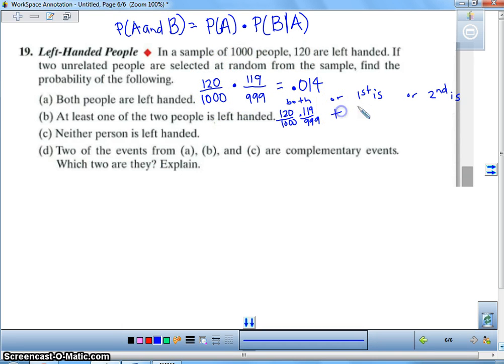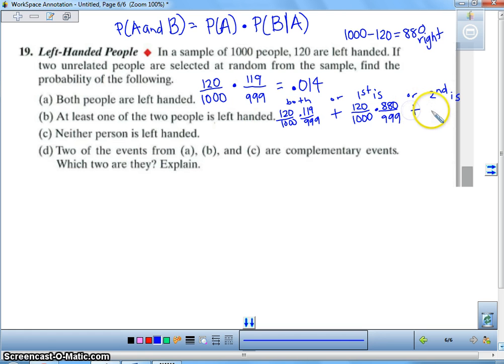Or means add. First person is left-handed, so 120 left-handed people out of 1,000, but that means the second one is not. So if there were 120 left-handed people to begin with, then that means there are 880 right-handed people. So I still have those 880 if this person was left-handed, but there are only 999.